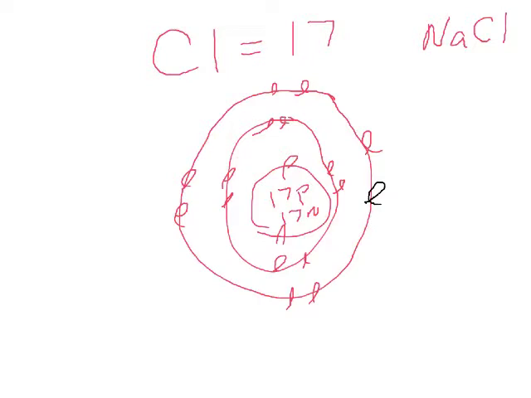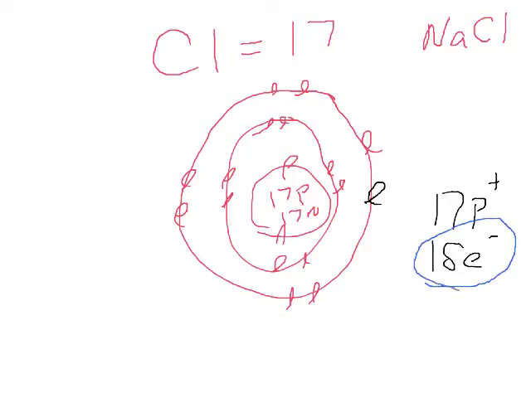The chlorine will take the electron from that sodium. And now we have 17 protons and 18 electrons. We now have more electrons than we do protons. And thus, this element would now be drawn with a 1 negative sign.